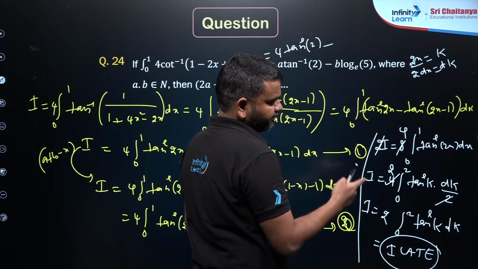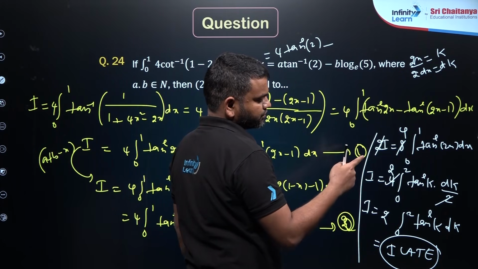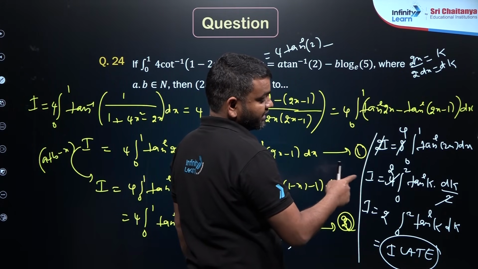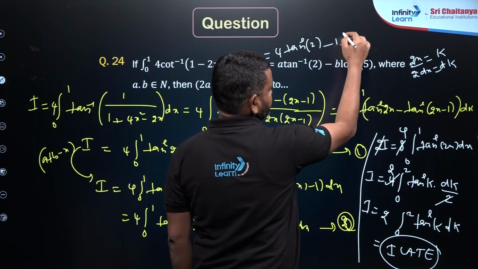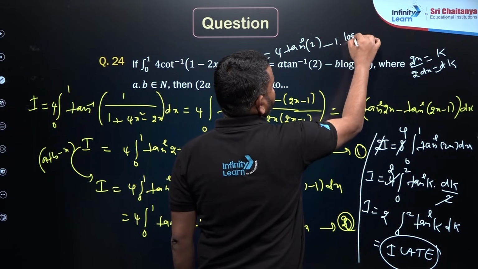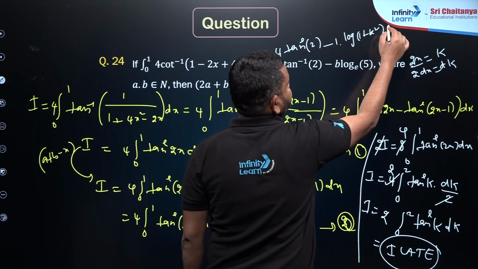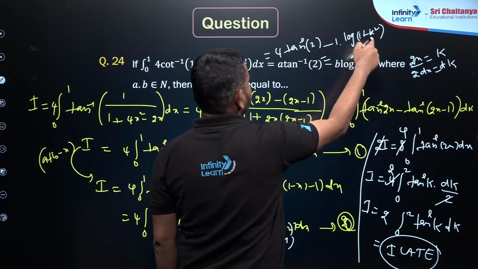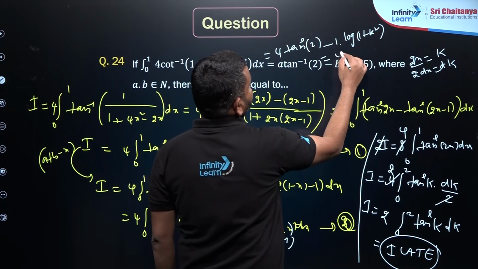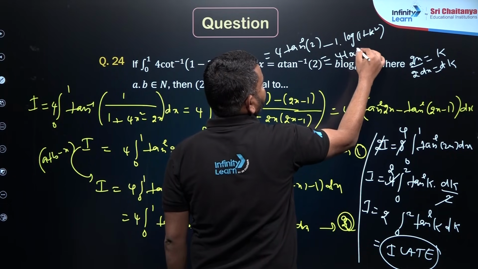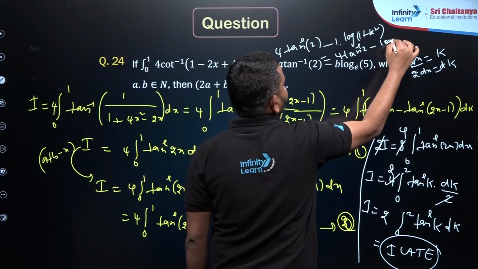k square, which means 2 needs to be there. So minus 1 you are going to get. So minus 1 times the logarithm of 1 plus k square you are going to get, right? So k square means k value is what? 2. So 4 tan inverse 2 minus log 5.